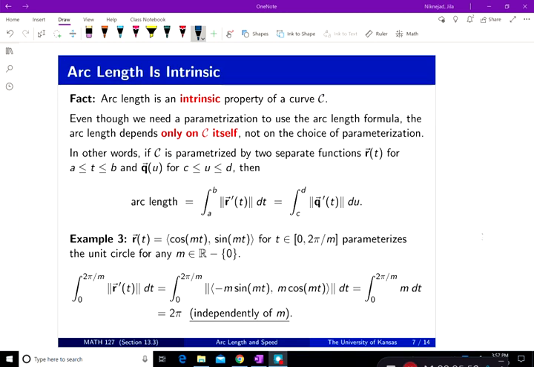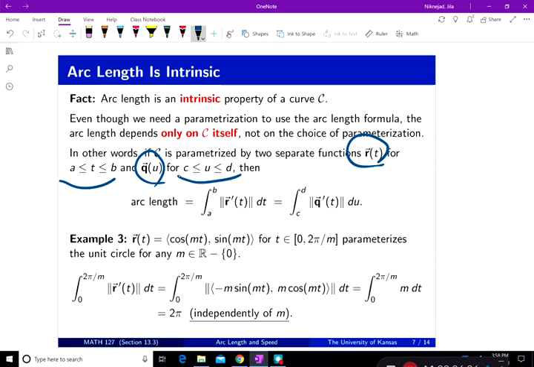Now, here's what we're saying. Let's say r of t is one parameterization of a space curve, and the parameterization goes from an initial point to an end point with t between a and b, and then let's say q of u is another parameterization of the space curve, with u going between c and d.